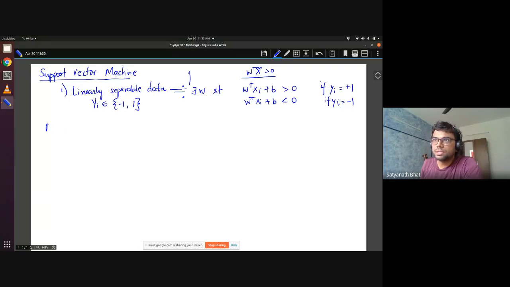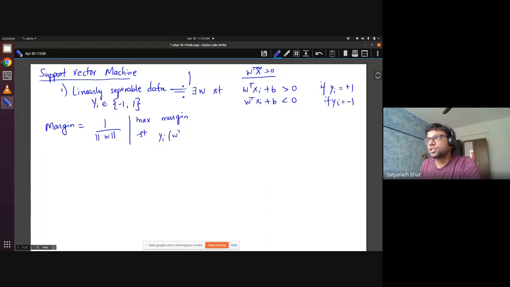The margin, when we did this yesterday, we got as 1 over norm W. So we would like to maximize the margin subject to the constraint that yi times W transpose Xi plus B is greater than or equal to 1 for all i in the data set, right?